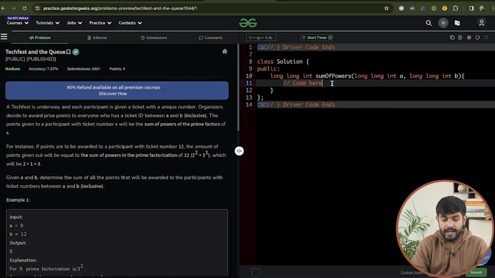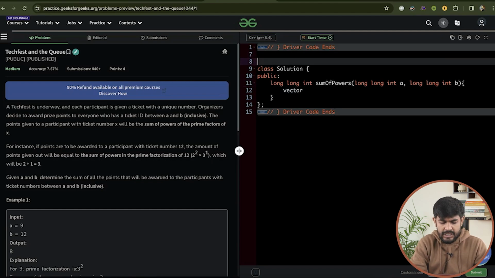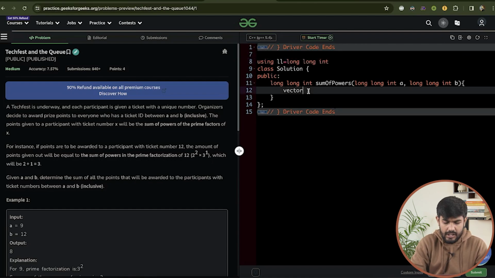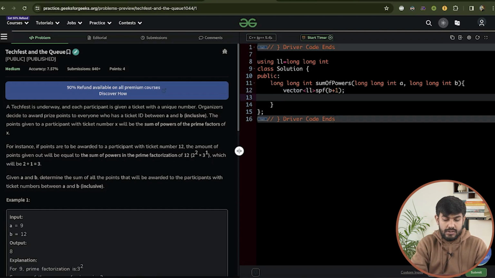So we would require a vector. As long int is used a lot, we would say using ll = long int. Okay, so we would say vector of ll SPF array of b plus 1, because we would be using the index b also.